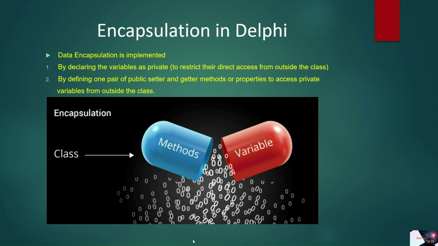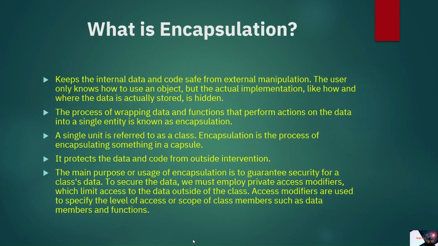Any variable can be accessed through the getter or setter method or through the property, so that we can do validation over there, and the user cannot assign a wrong value to the variable.